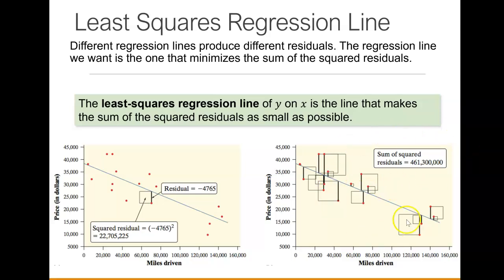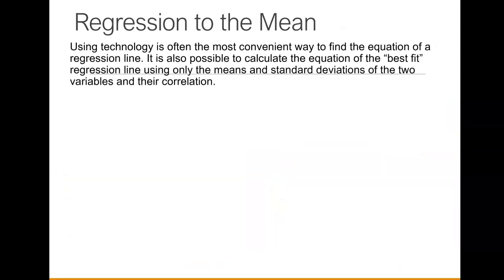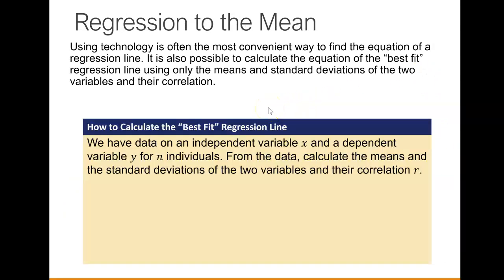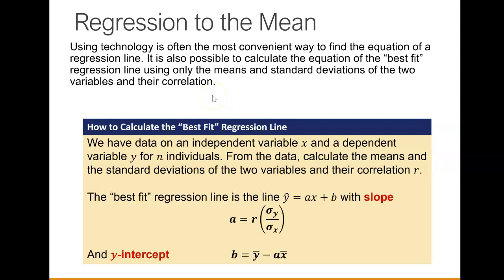Now, are we going to do this in practice? No. We've done this electronically with the calculator, right? But what the calculator's doing is it's just employing a formula. So for our regression line, y hat equals ax plus b.